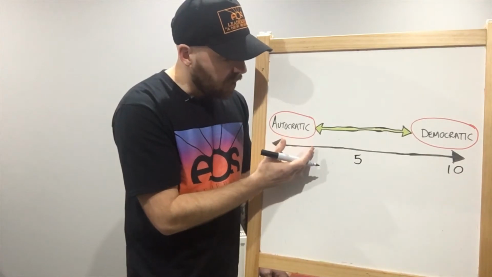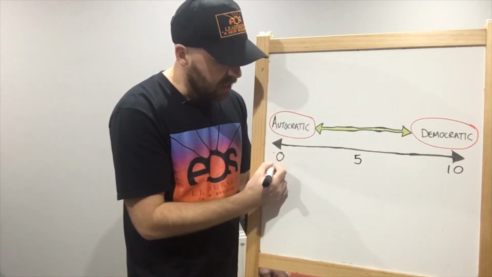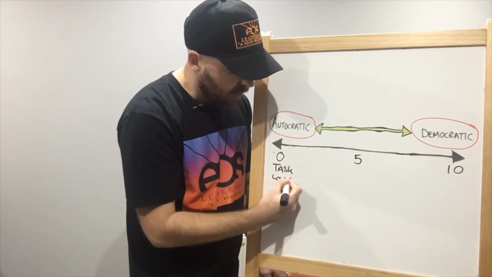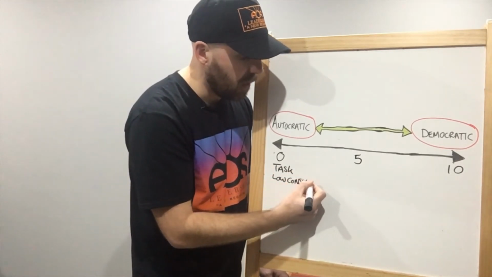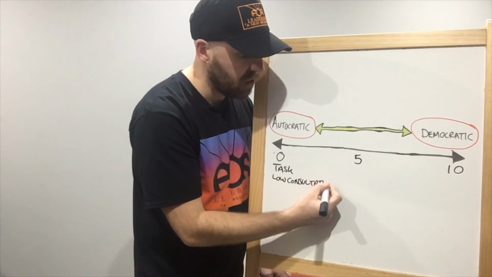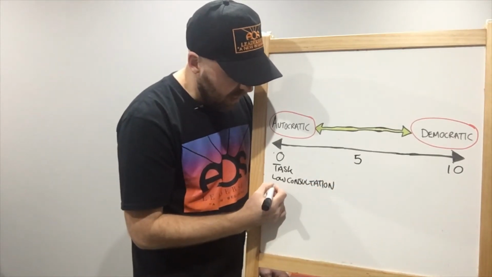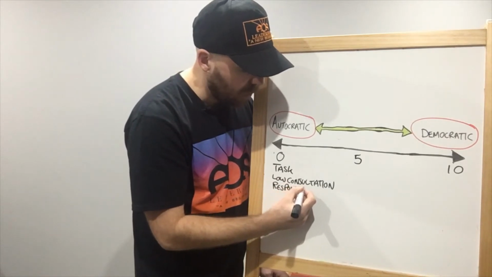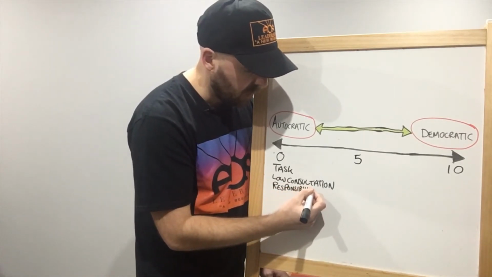So an autocratic leadership style is very task orientated, low consultation with your team around the decision making process, and really the responsibility lies solely with you.